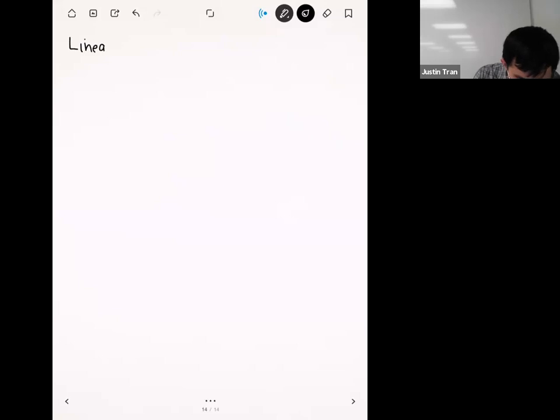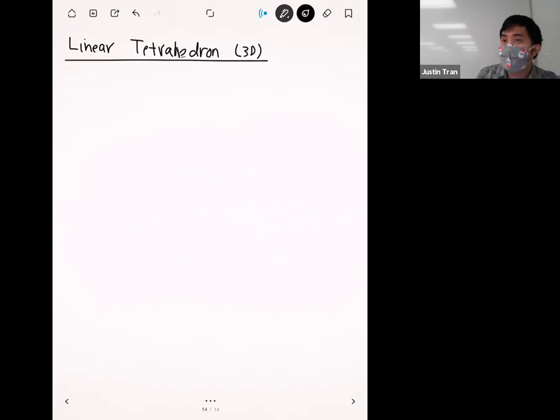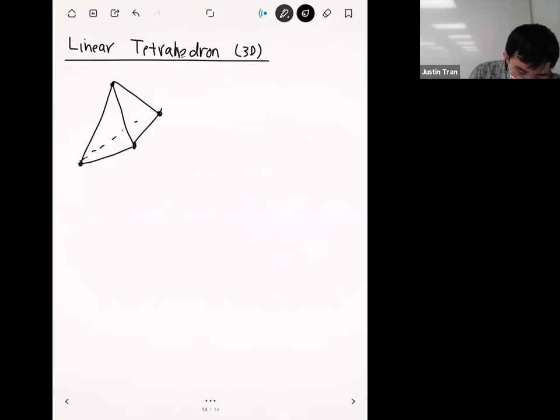And the first on the list is the linear tetrahedron. Remember, our tetrahedron here is our four-sided pyramid. The way I usually draw it is something like this, where the two nodes on the sides are connected in the back by a dotted line.